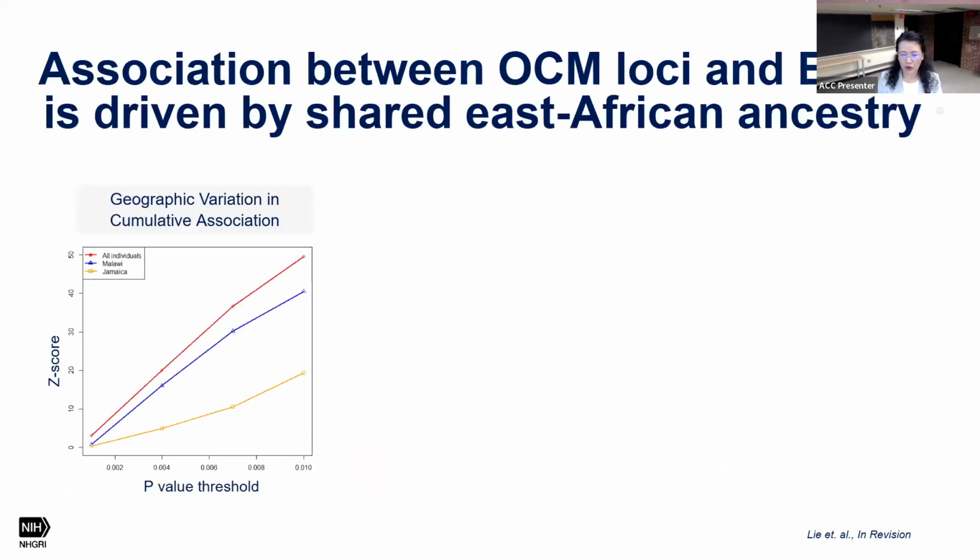Also, since those two cohorts are from Jamaica and Malawi, we also consider if the ancestry background is a factor related to ESAM development. From this graph, we can see Malawi is much closer to the all-patients cohort Z-score, and Jamaica is far from there.